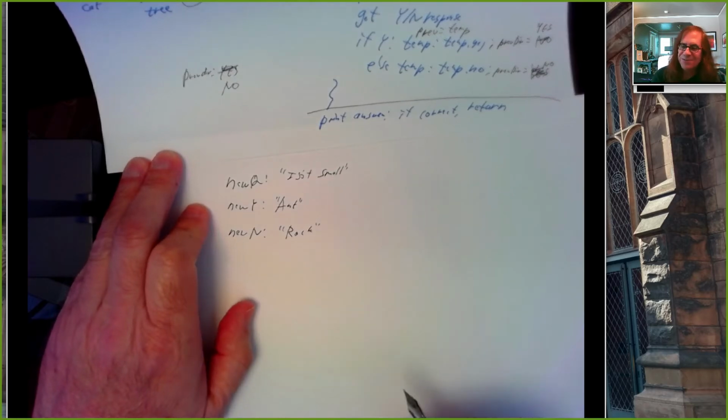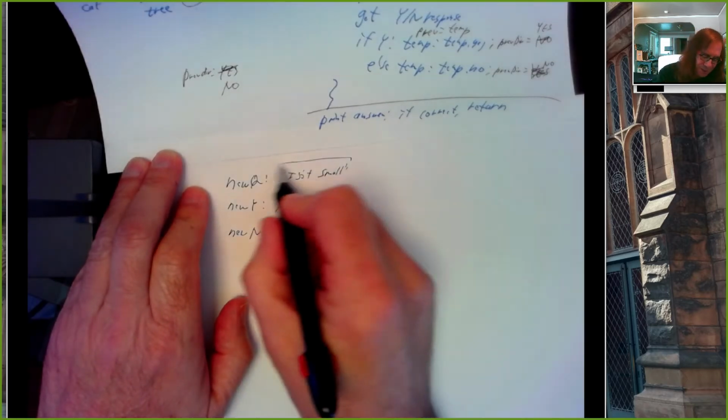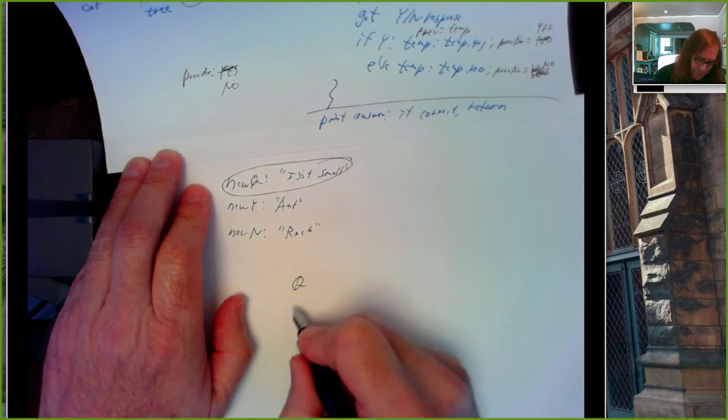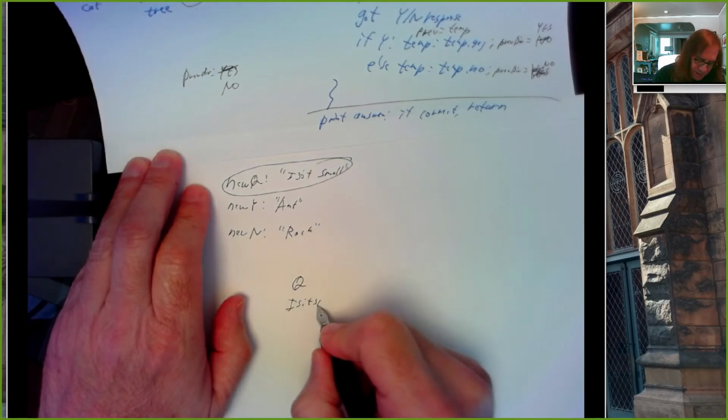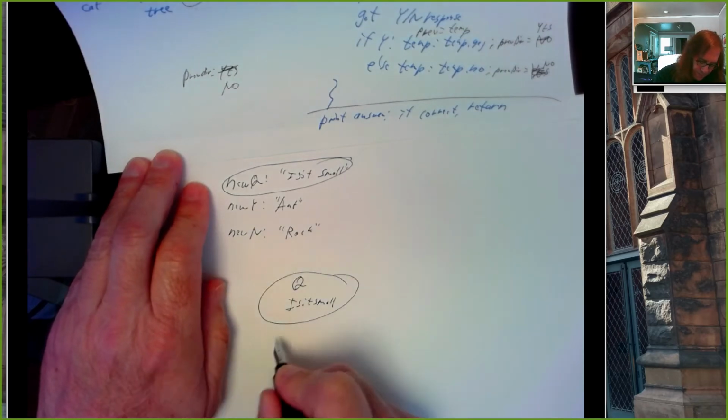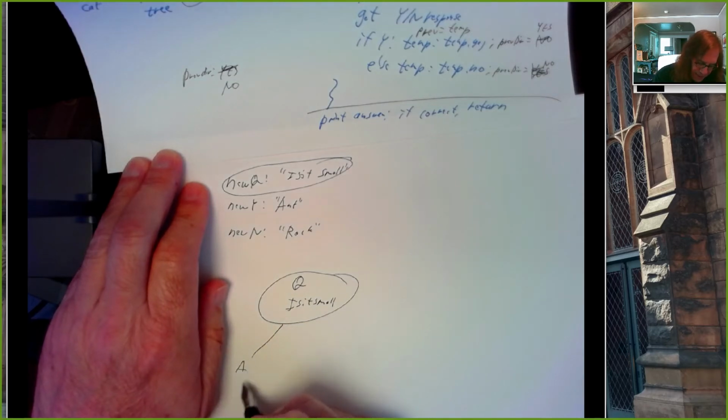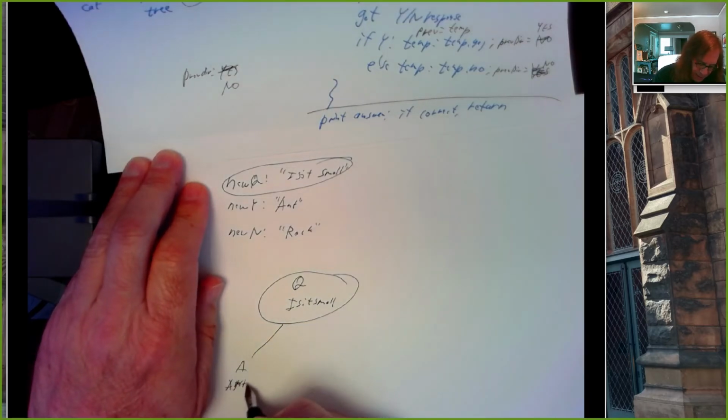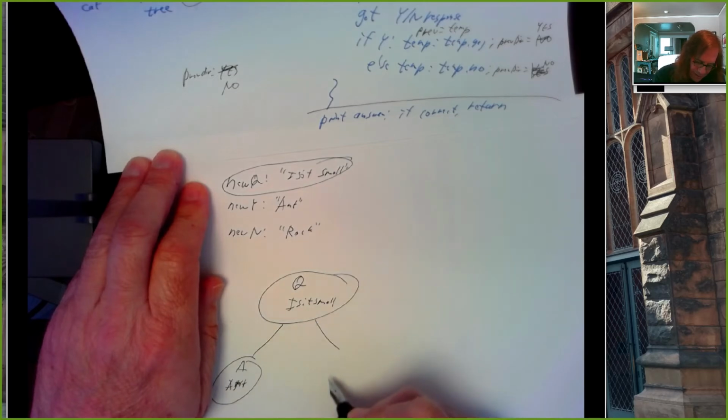So make yourself a tree, right? Make a node that's a question node. Is it small? Set the yes side to an answer node that says ant. Set the no side to an answer node that says rock.